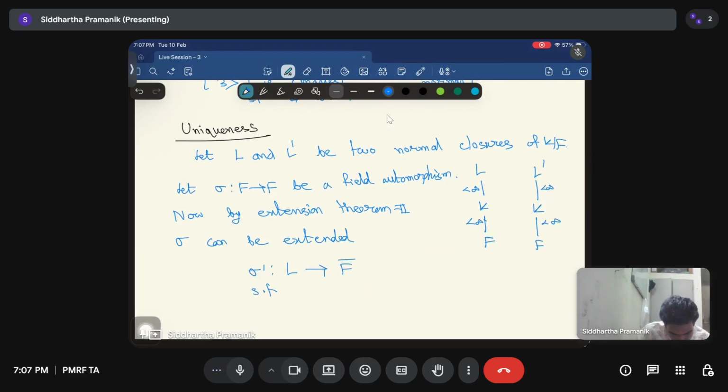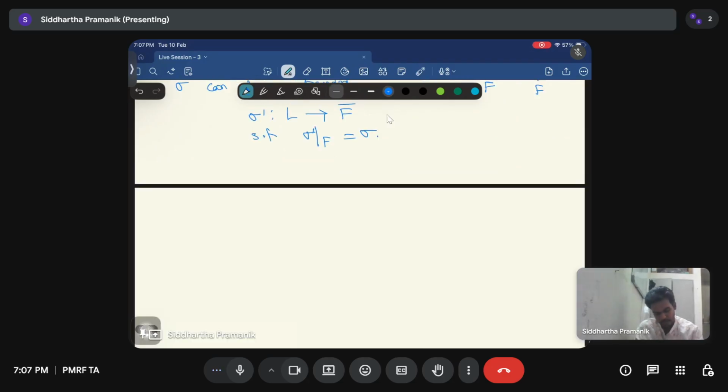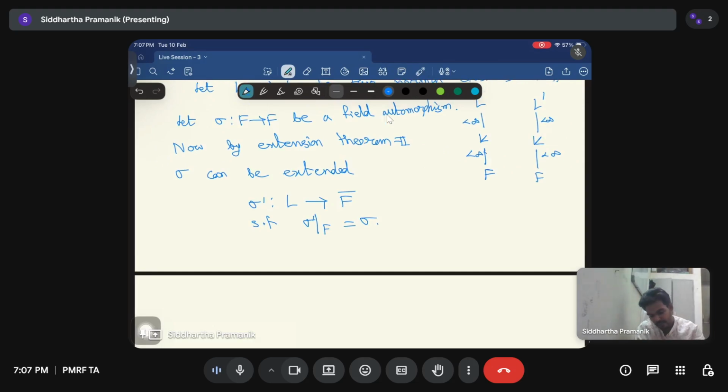And such that sigma prime restricted to F is basically sigma. So this is by the extension theorem. We are just extending the field homomorphism. But since L over F is normal, this will imply sigma prime of L over F is also normal.